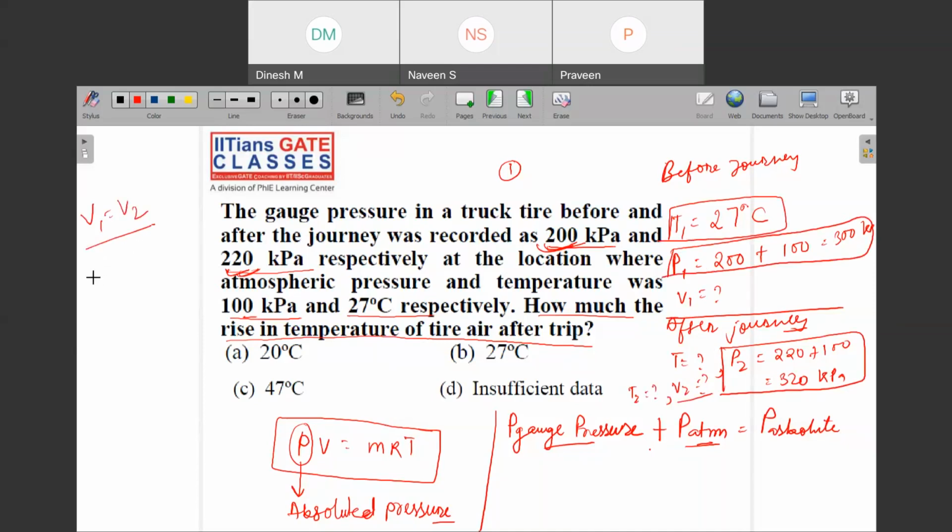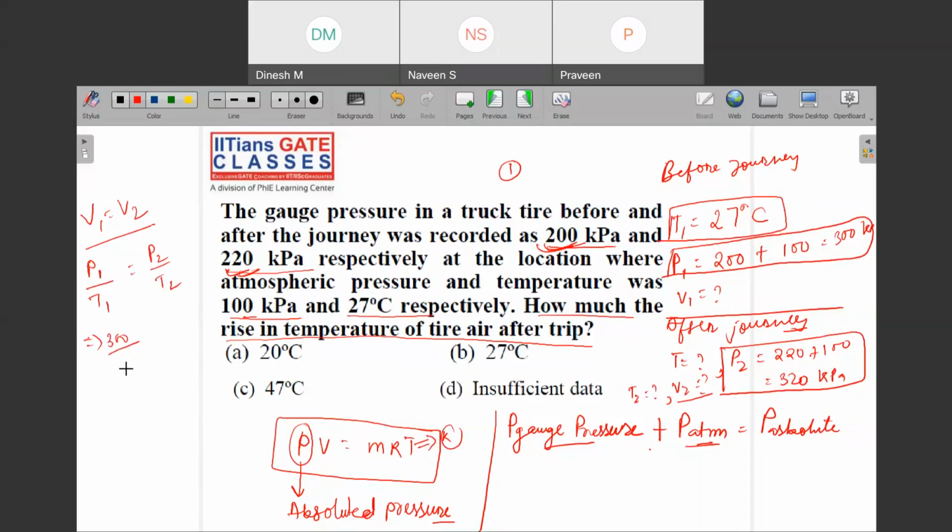Now if you apply the ideal gas equation PV is equal to mRT, then for a constant volume process it becomes P1 upon T1 is equal to P2 upon T2, right? P1 is given as 300, and T1 is given. Here you will always use Kelvin, absolute temperature.